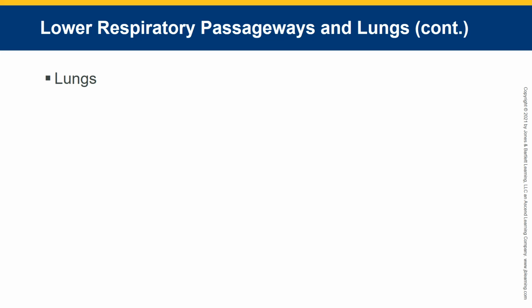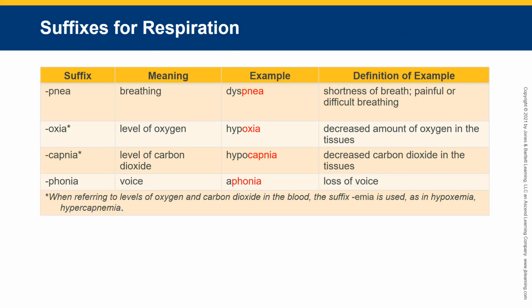Anyways, let's look at a couple of med terms associated with respiration. The suffix pnea, like dyspnea, is referring to breathing. So dyspnea was difficult or painful breathing, right? Oxia is referring to level of oxygen in the blood.